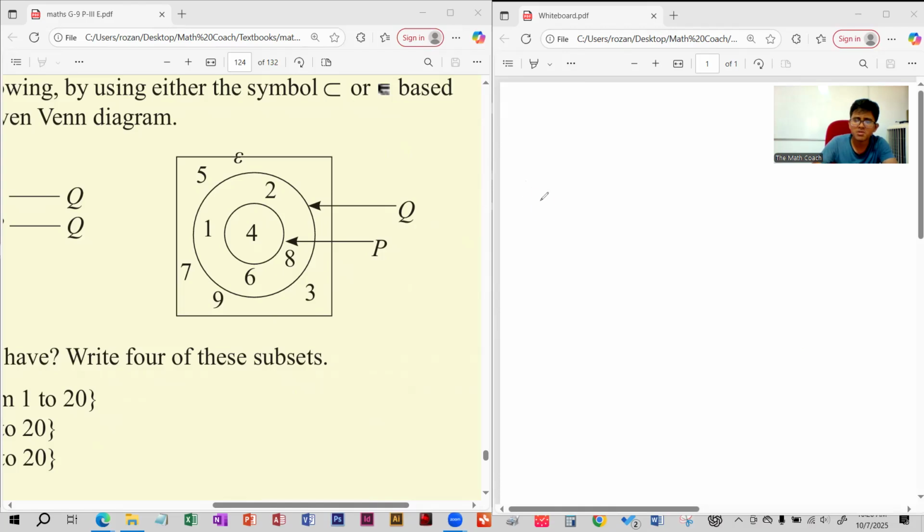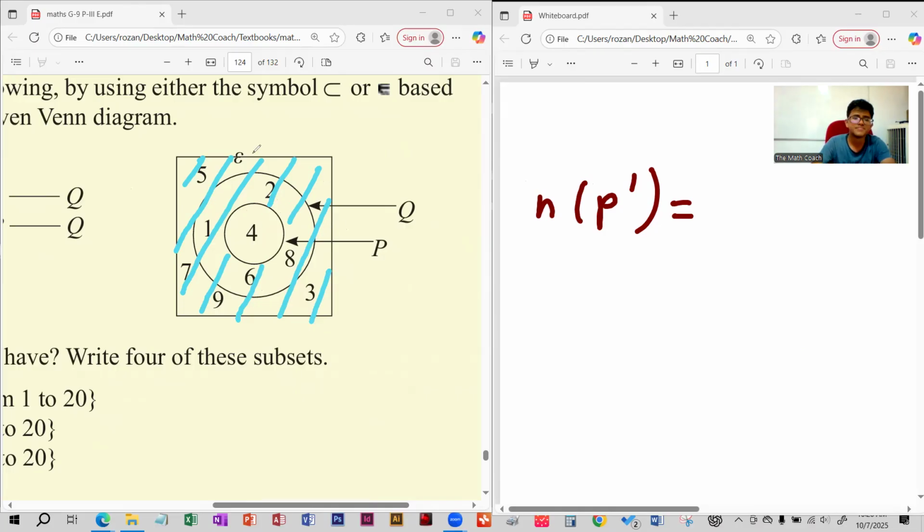So NP complement is equal to, let's see, this is P. We don't want P, we want the P complement. That means we should have all the other colors except for P, like this. All of these except P. So if I'm shading this here, the shaded numbers should be considered except for P. P is not considered here.